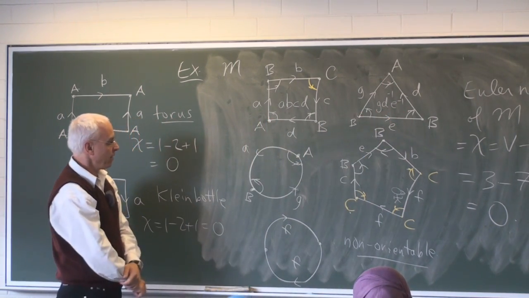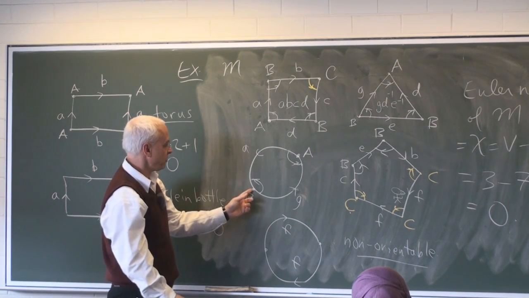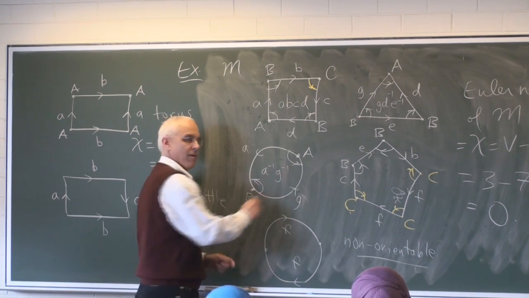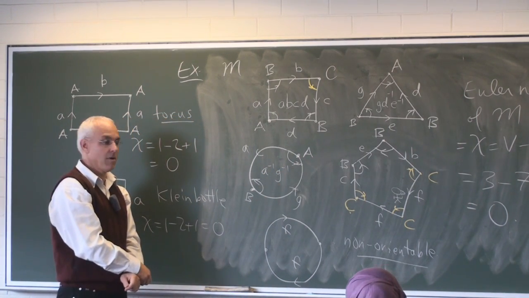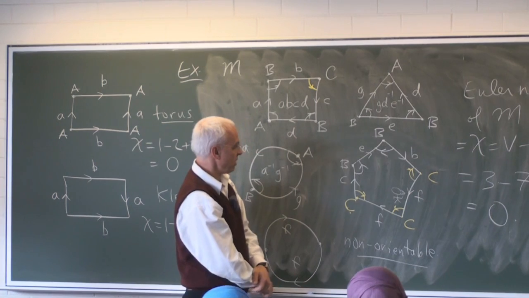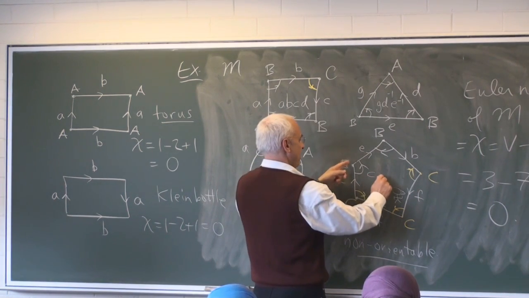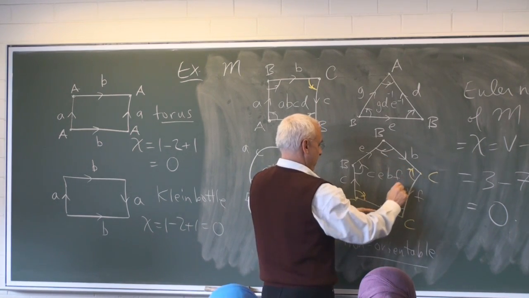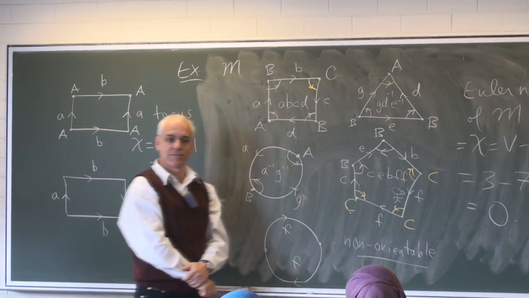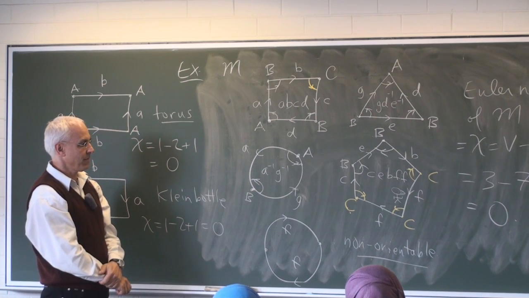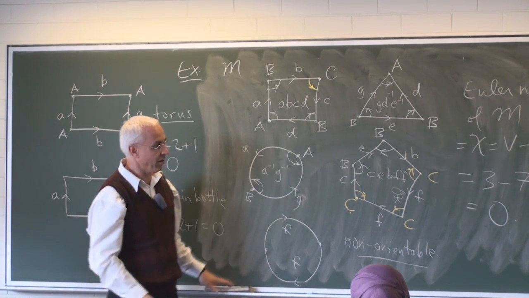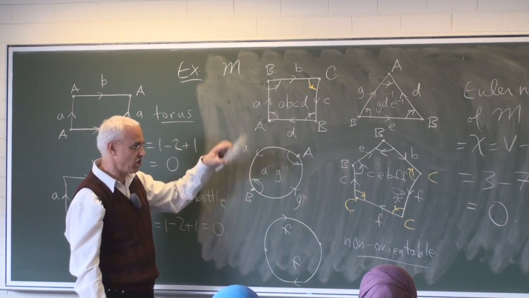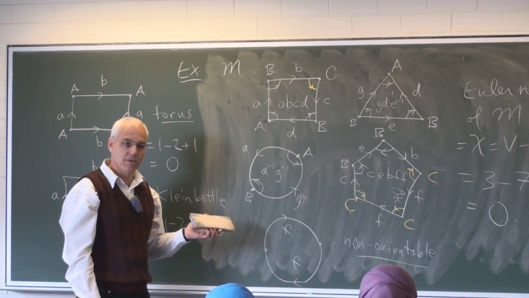What about this one? Well, this would be, say, A inverse, G inverse. And what about this pentagon? That might be C, E, B, F, F. And so the whole polygonal combinatorial surface could be represented by essentially just combining these words.